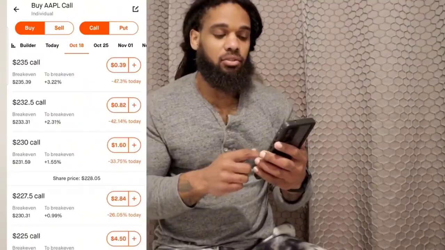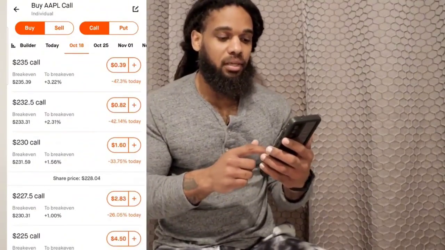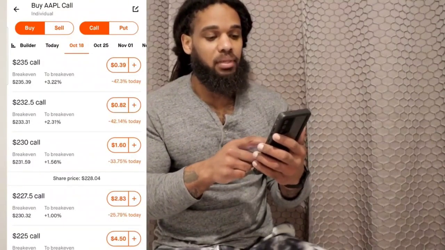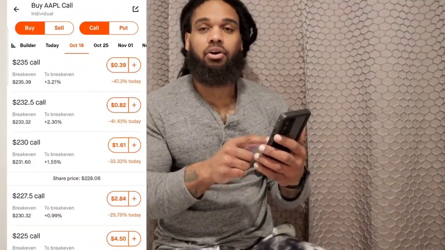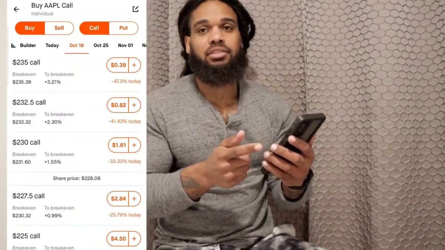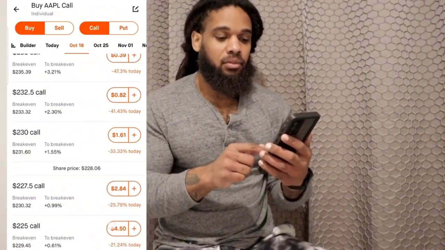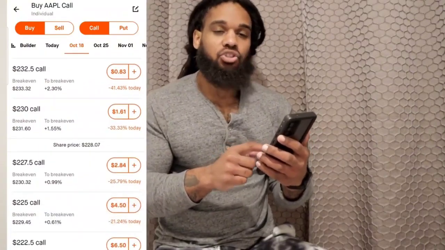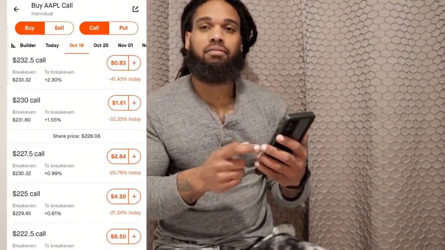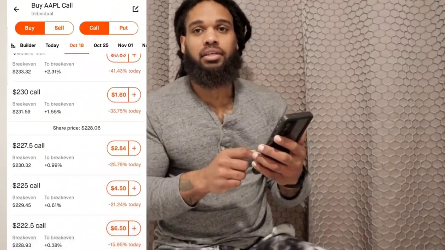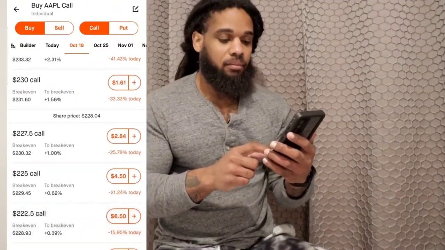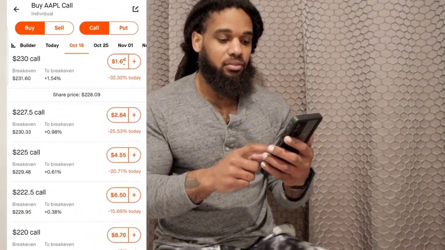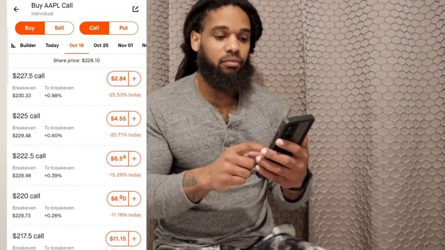For calls in the money, the strike price is going to be below the current share price or stock price. And if you're out of the money, the strike price is going to be above the current share price or stock price, as you can see right here. So that's more out of the money.